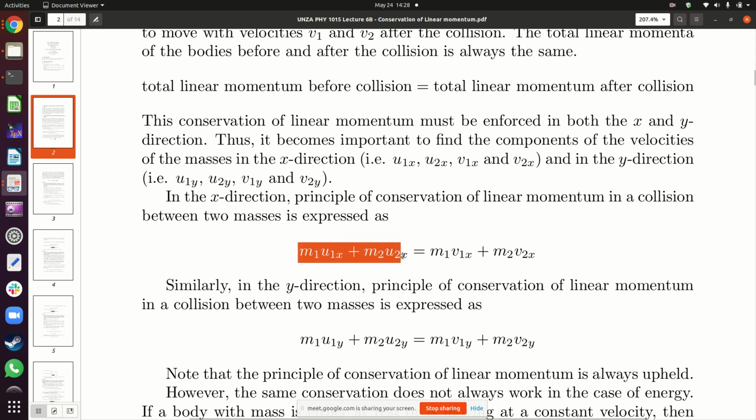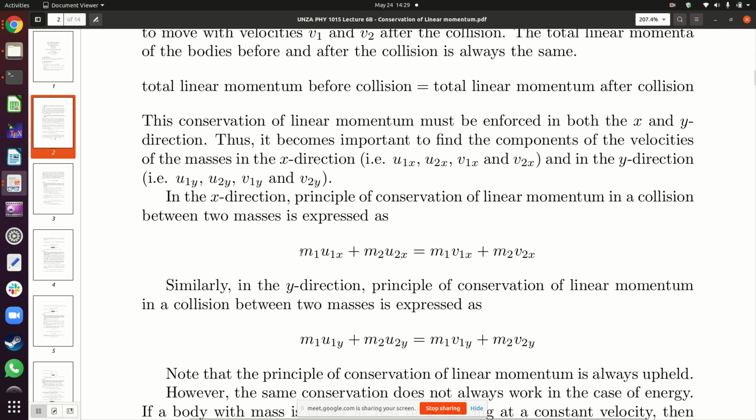This gives us the total linear momentum before collision along the x direction. This has to equal the total linear momentum after collision along the x direction. And how do we get that? It is mass 1 multiplied by the velocity of this object after collision along the x direction, which is v1x, plus mass 2 multiplied by the velocity of this object after collision along the x direction, which is v2x.